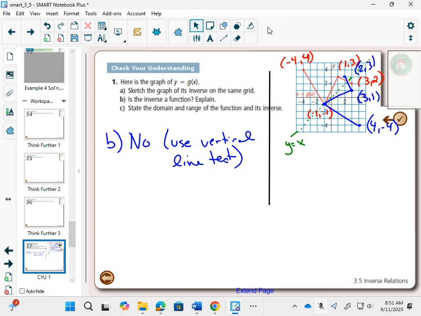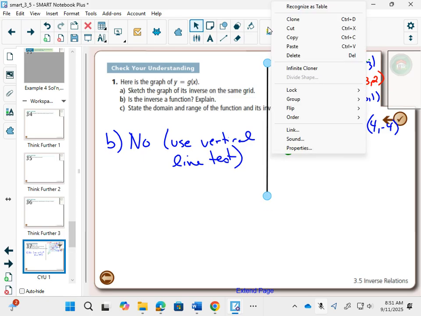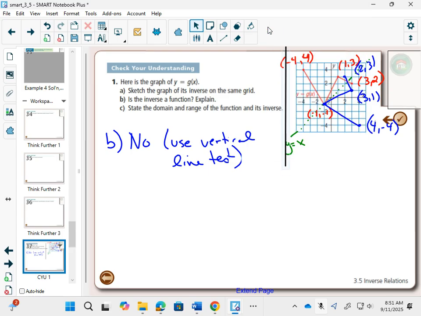The vertical line test works like this. If you take a vertical line and you move it across your graph, if I move it from left to right across the graph, if that vertical line ever hits a graph more than once, it is not a function.